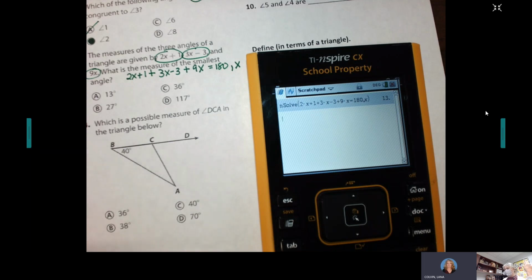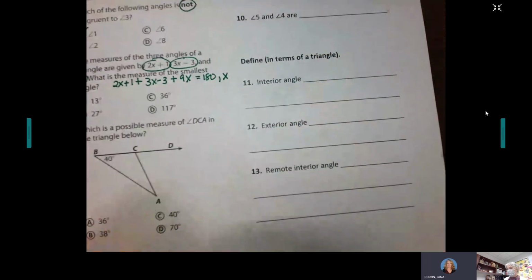You see how yours is different than mine? 3x minus 3 plus 9x. You can put the x right here. 9x.